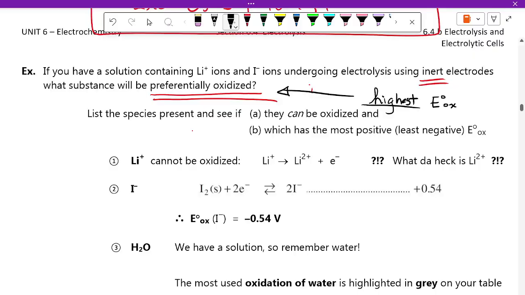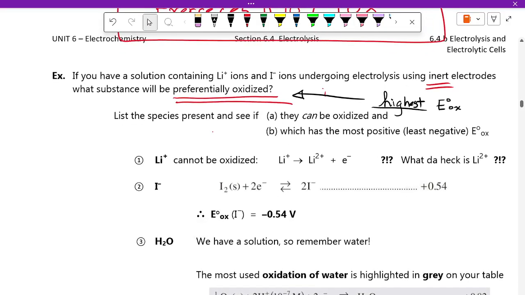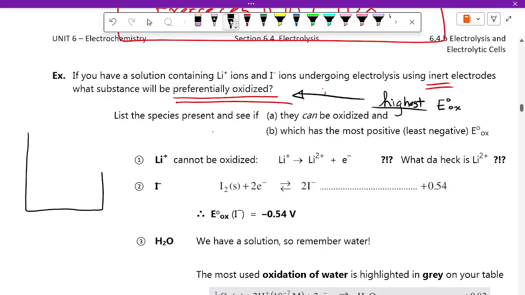So basically, we're going to list all our species, and I find it is really difficult for most students to just list the species at the start of this unit. So I would really recommend drawing a little beaker and saying, okay, I've got a beaker and I've got my electrodes, and it tells me they're inert, so I'm going to make them out of carbon.